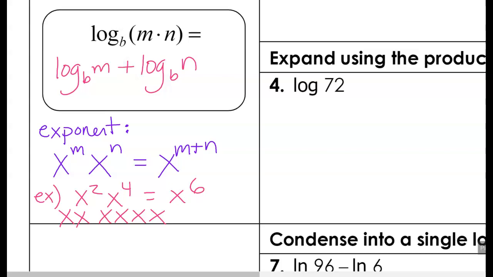Addition. Just like when we're multiplying exponents, we can add them instead. It's flipped because they're inverses. If we're multiplying, we can split it apart by instead adding them.